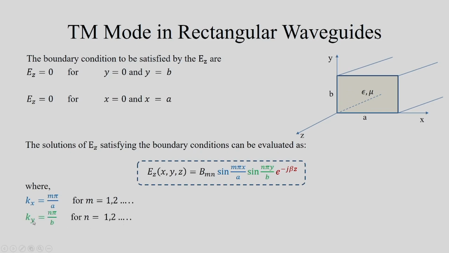Similarly, k_y is given by n pi by b, and the values of n that we can take are again 1, 2, 3, etcetera, not n equal to 0, because if you put either m or n equal to 0, Ez becomes 0. B_mn here is the arbitrary amplitude constant, and each combination of m and n will give a mode.